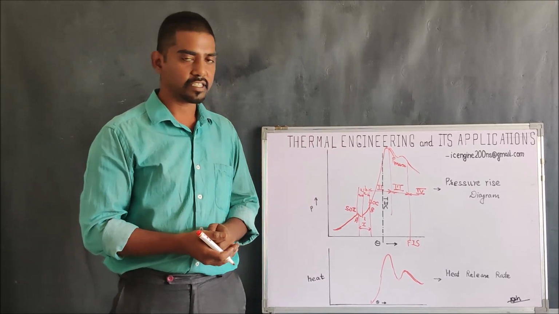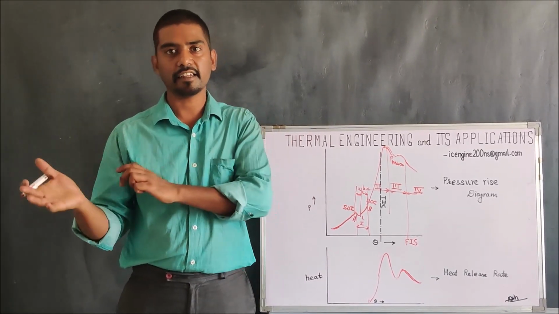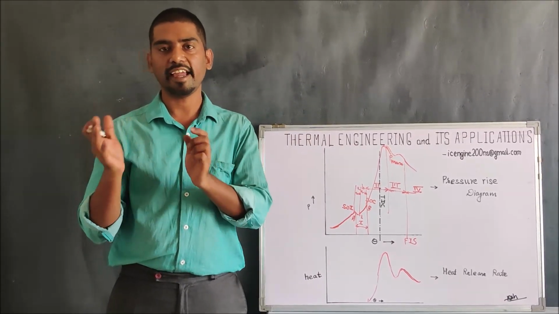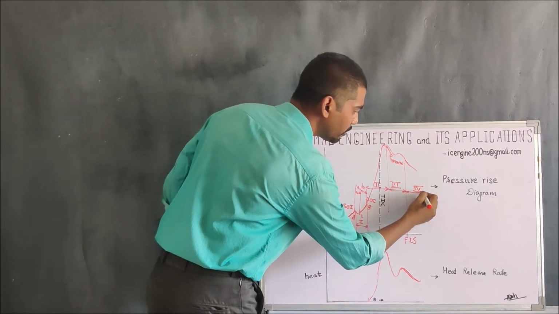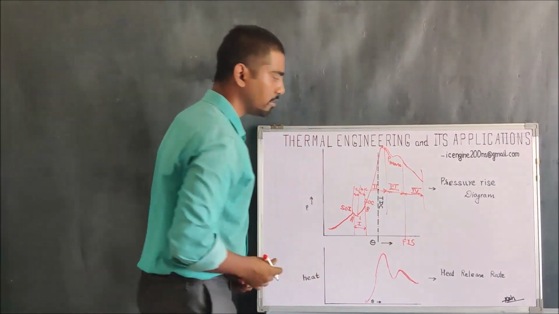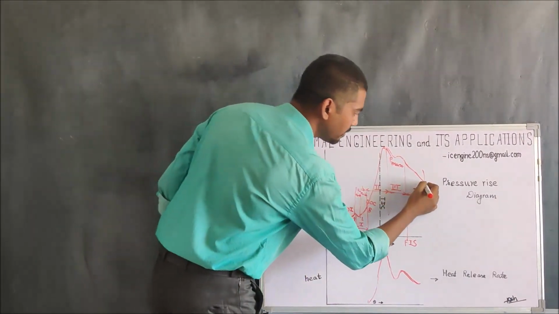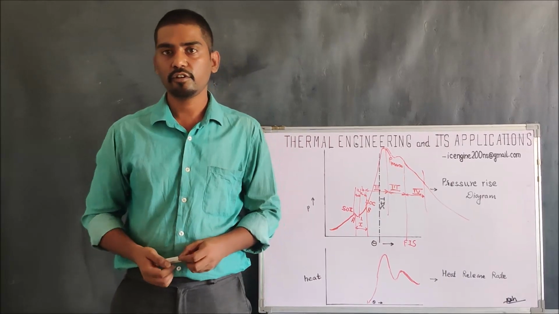Due to that, some of the unburnt hydrocarbons will burn in the later stage of combustion or at the end of the expansion stroke. This is called the fourth stage of combustion, which we also call the afterburn stage, and then the rest of the expansion. So that's all for today.